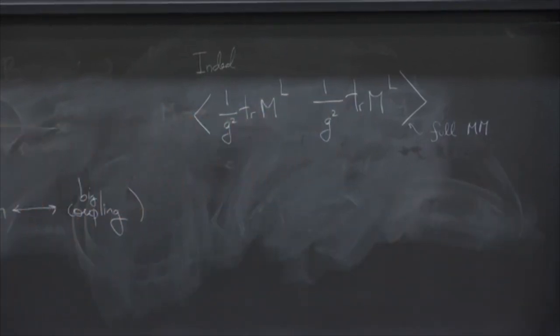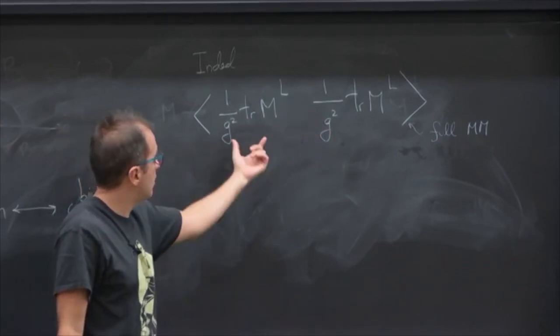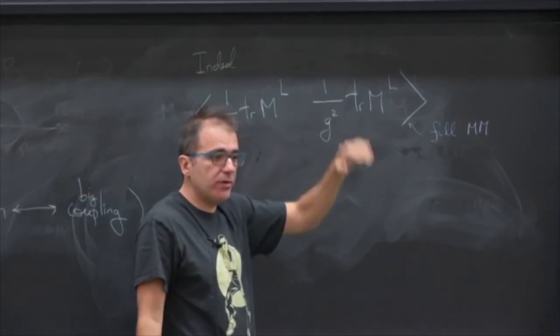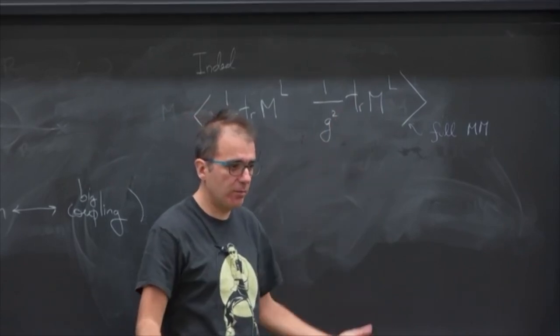Not in the Gaussian matrix model, in the full one. So what are we instructed to do to compute this in the full matrix model? We insert this operator, we insert this one, and then we bring down from the vertex the other interactions many, many times. Right? And we start drawing all possible graphs.